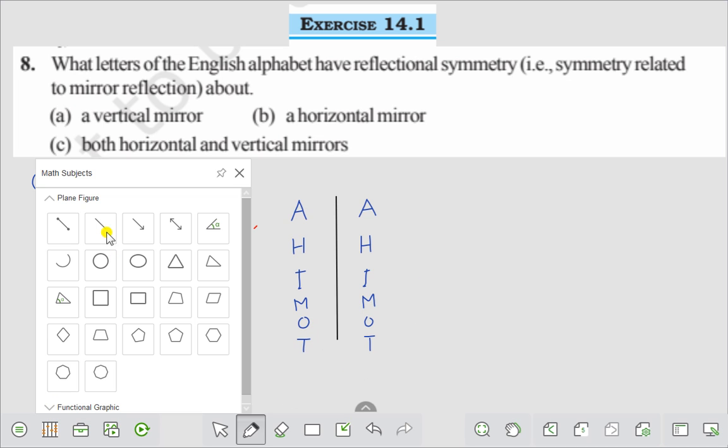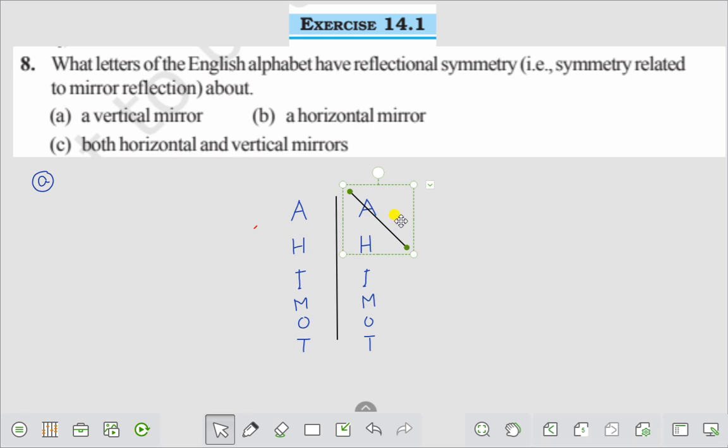Let us take another mirror line with this one.